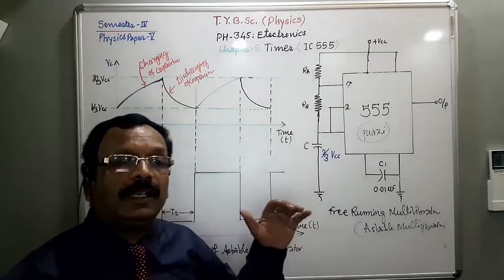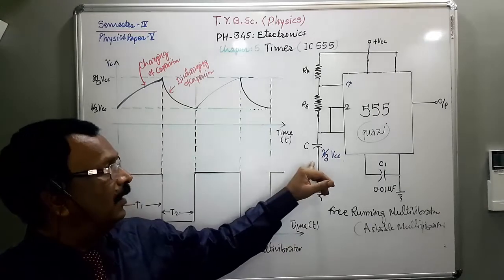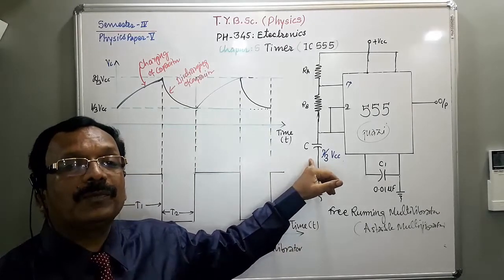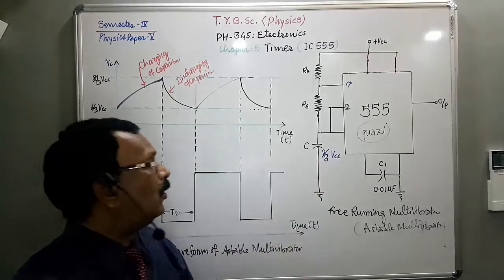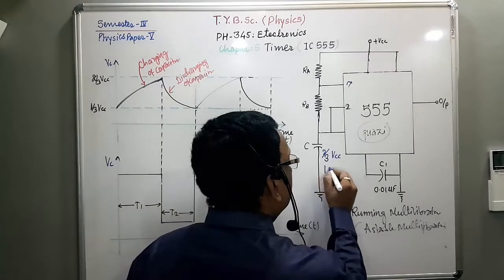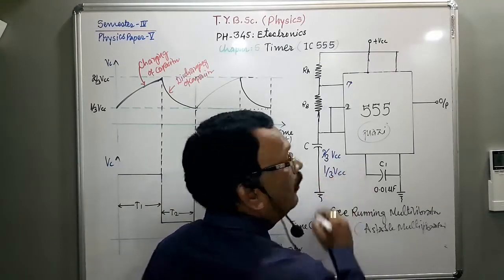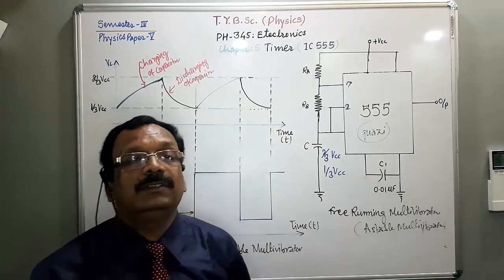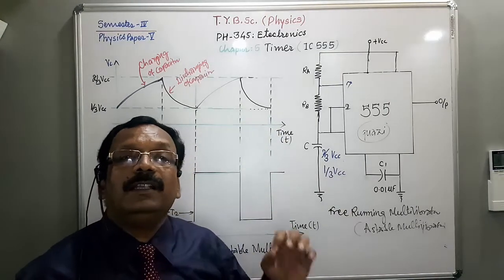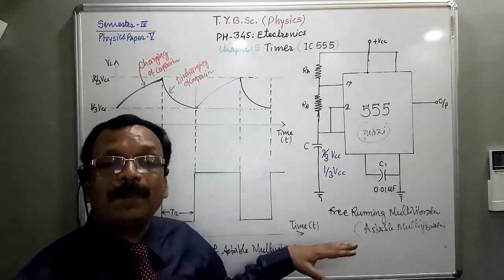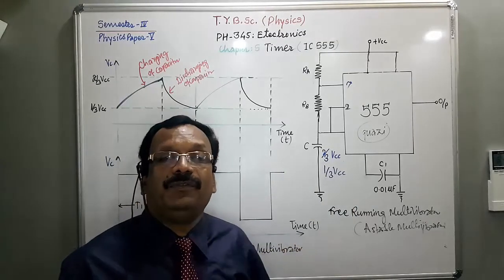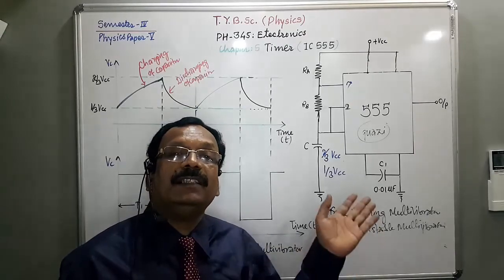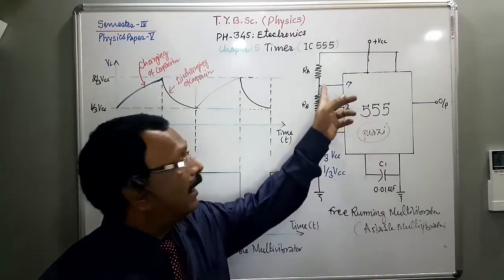When the voltage across the capacitor goes below 1/3 VCC, what happens? Then comparator 2, that is the lower comparator, is turned on, and the capacitor again charges through RA and RB.